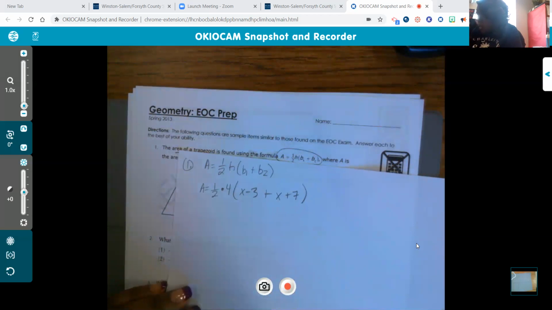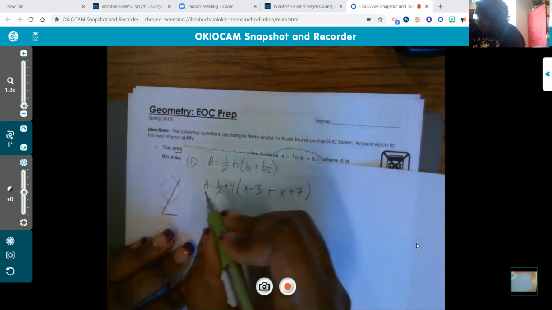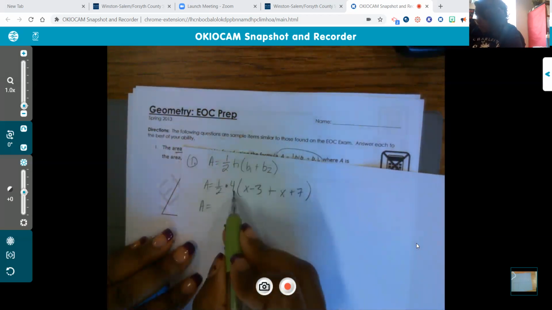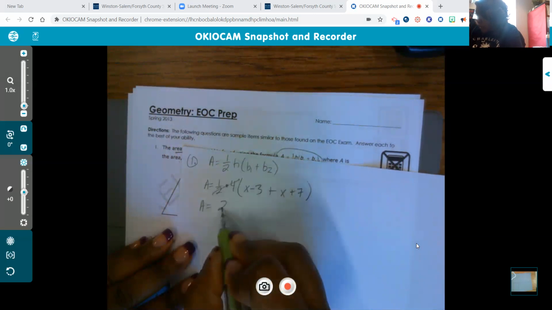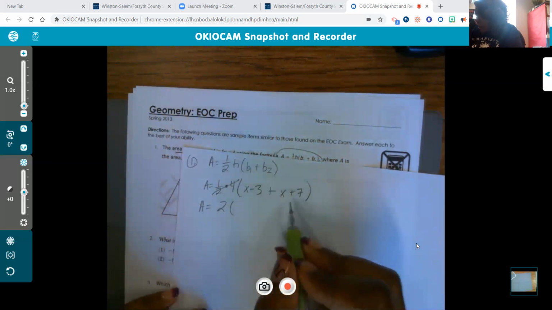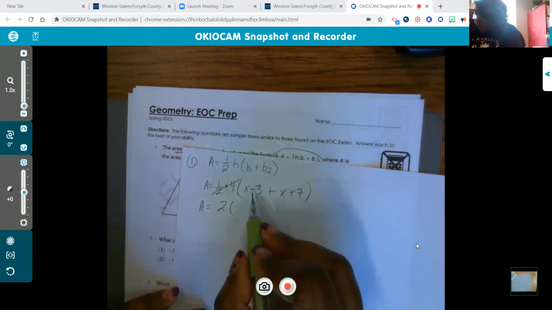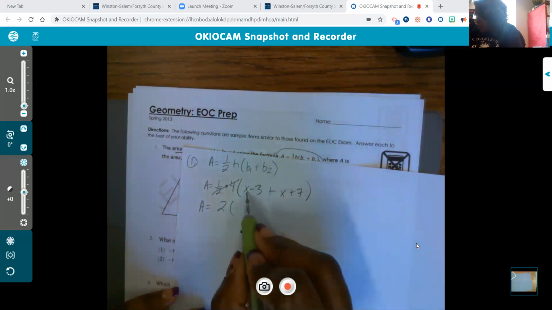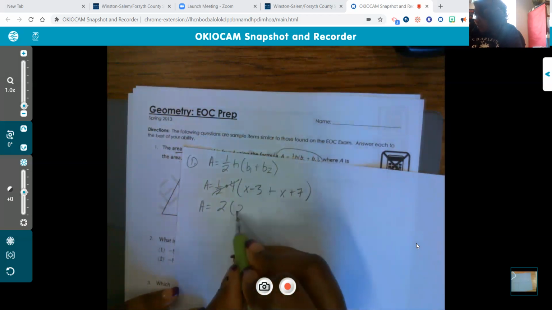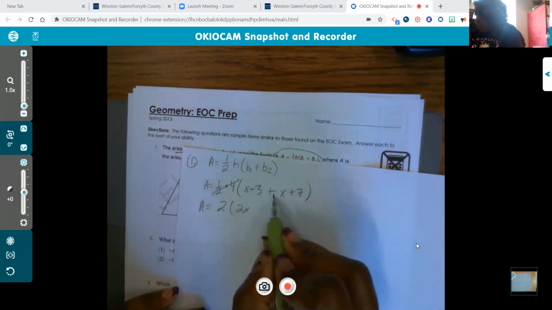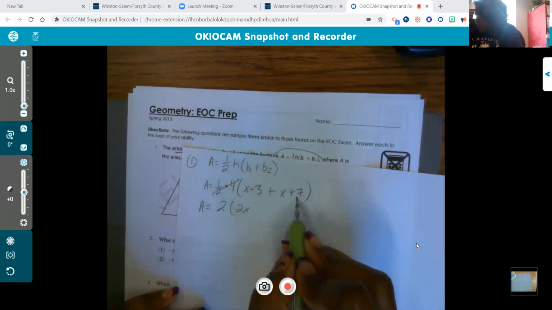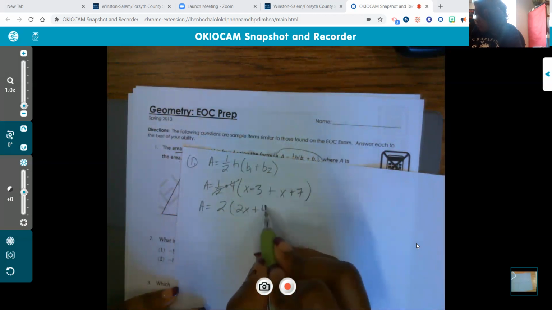All right, so we got 1/2. Half of 4 is 2, so we got 2 right here. We have to multiply. You add here: x plus x is 2x, and -3 plus a positive 7 is a positive 4.